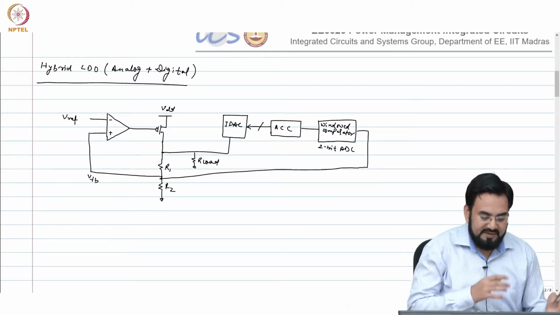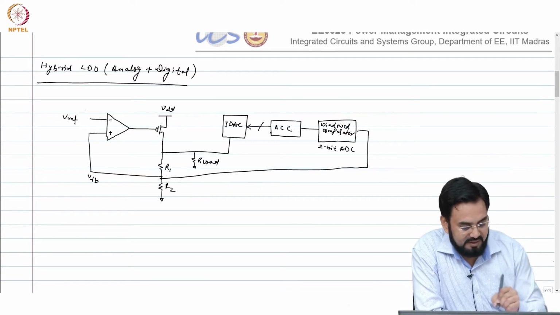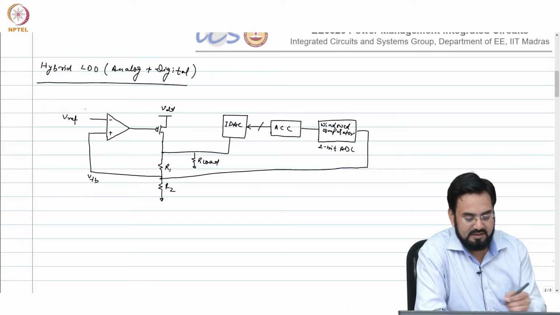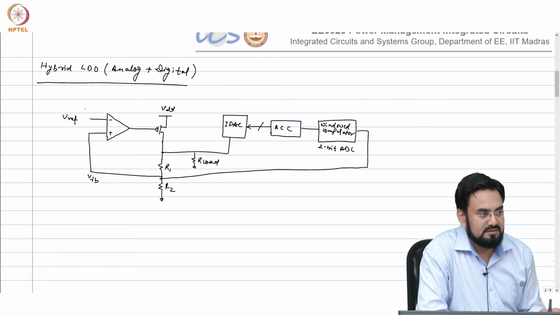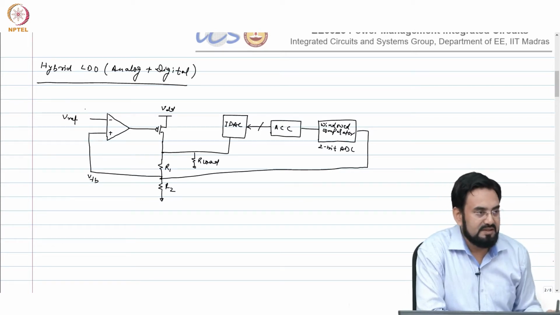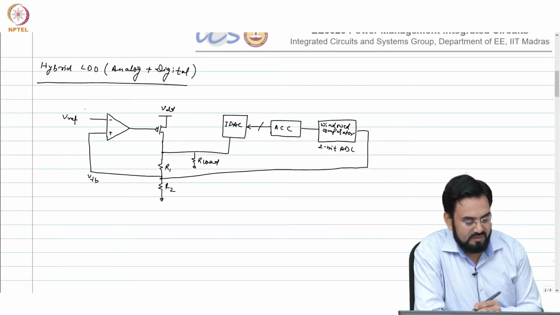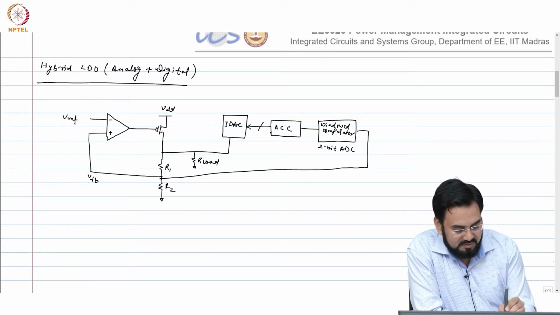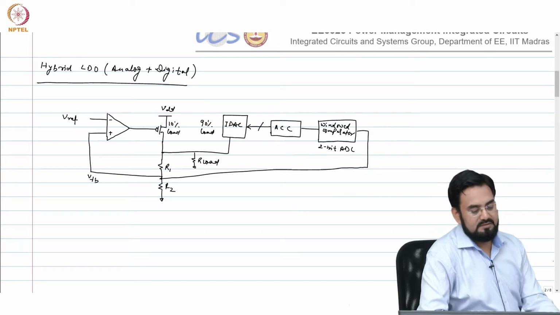So, the way we distribute it, we want analog to only correct the error and most of the current is delivered by the digital, okay. So, 90% of load you put here and here you put 10% load only, okay.